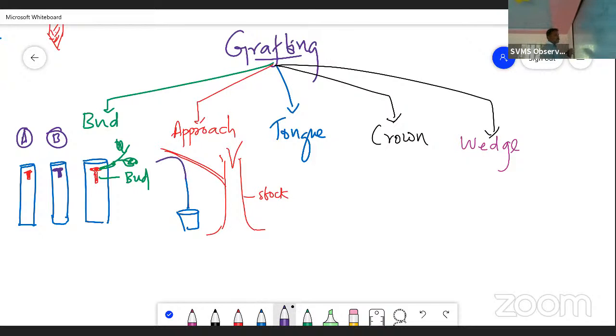Both the stock and scion are tied with the help of polythene paper or grafting wax, right? It is tied, the scion and stock.